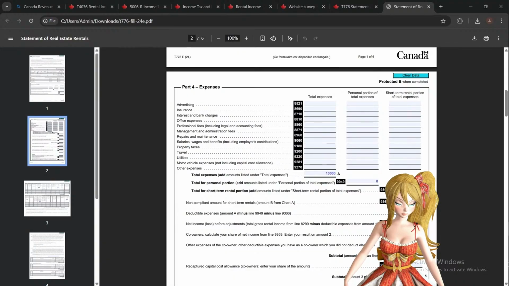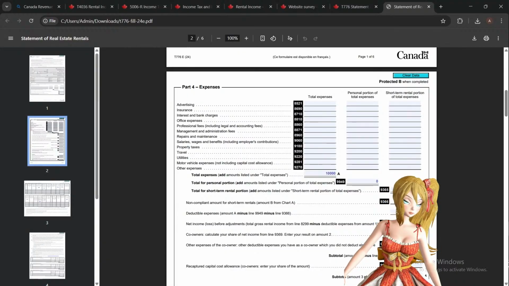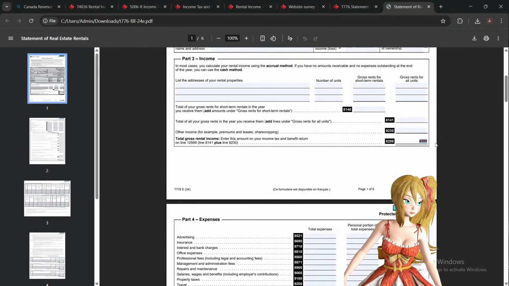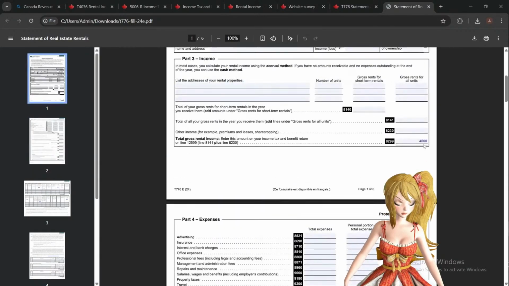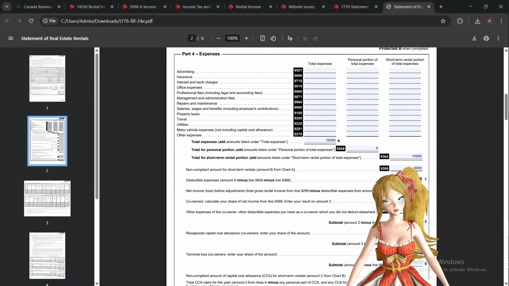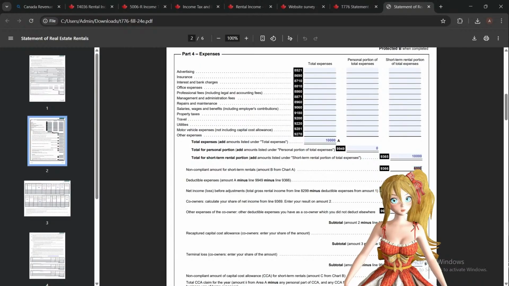This is strange. Why isn't 6,000 the deductible instead of 4,000? 4,000 is my profit. 4,000 is my revenue. Why is the revenue my deductible instead of the unpaid amount being my deductible?